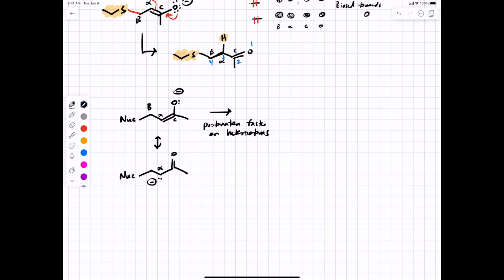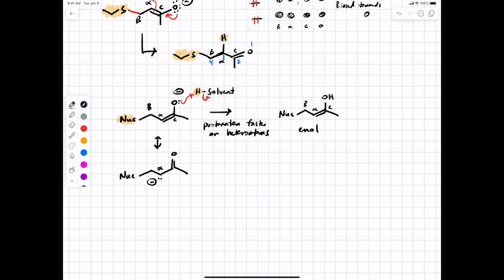So the thing that happens first is that your hydrogen gets delivered to the oxygen of the enolate, which, if you're following along, gives you this enol.